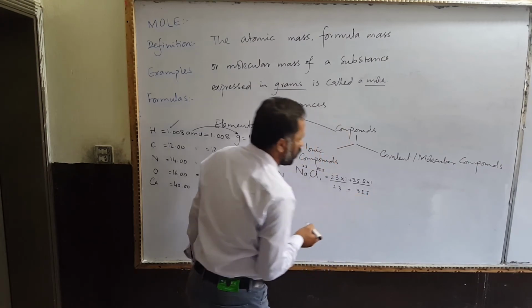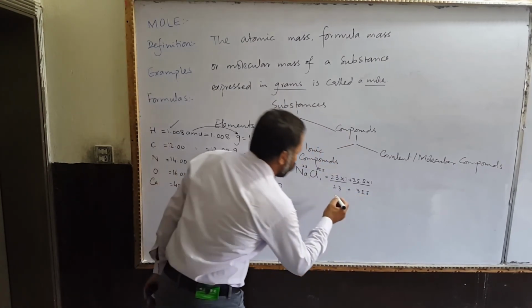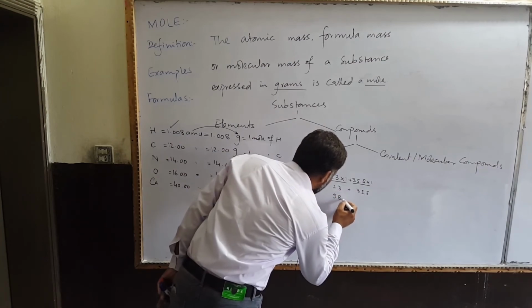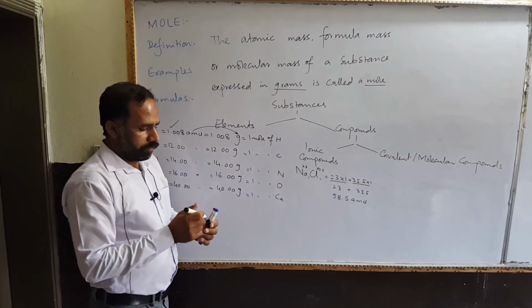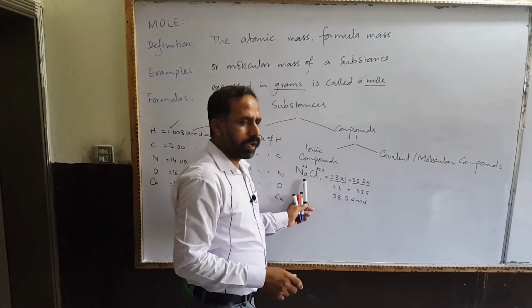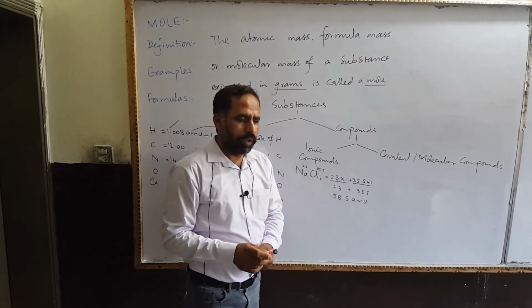Now we will add these two values and this will become equal to 58.5 AMU.